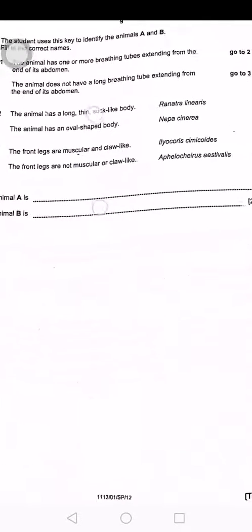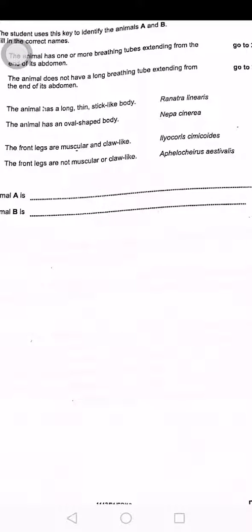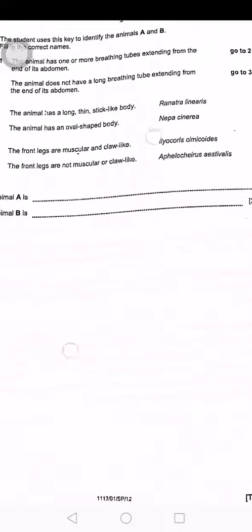ارجع تاني. قال لي go to 2. يبقى لو عنده extending tube go to 2. هروح ل 2. number 2 اهي. The animal has a long thin stick like body. تعالوا نبص نشوفه. هو الانيمال اللي انا قصداه ده عنده long thin؟ لا، لو بصيتوا على دي هو اللي عنده long thin، انما A ده مش long thin. يبقى لما قال لي the animal has long thin stick like body ماليش دعوة بيها خالص.